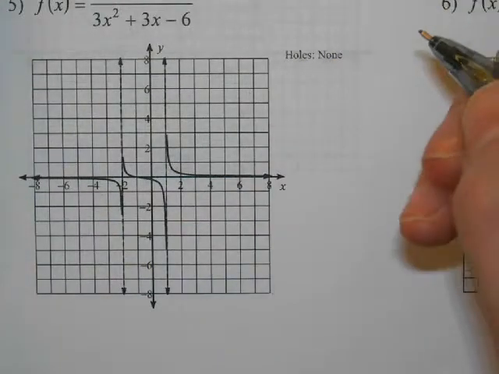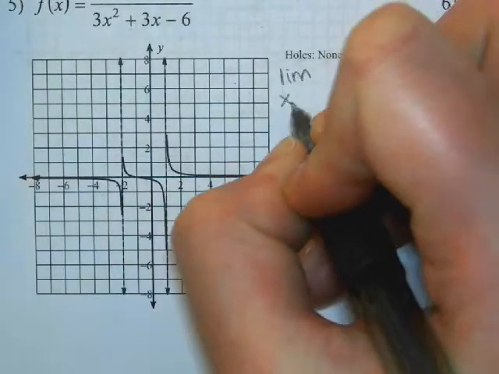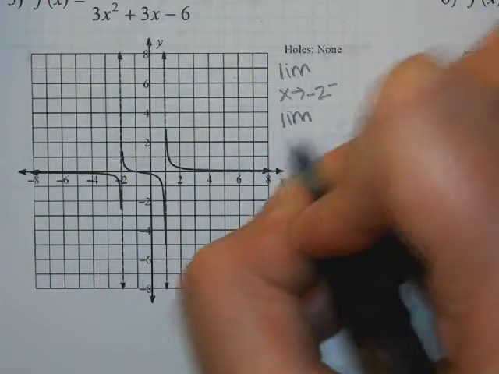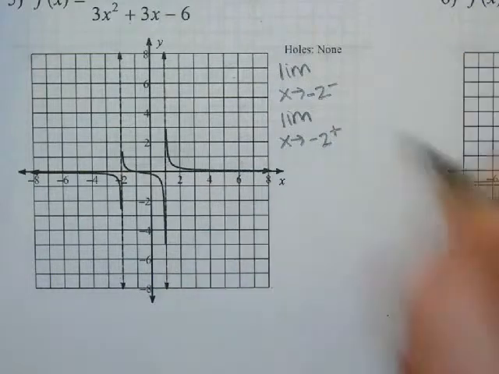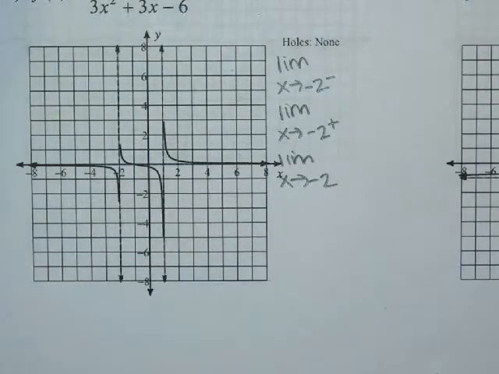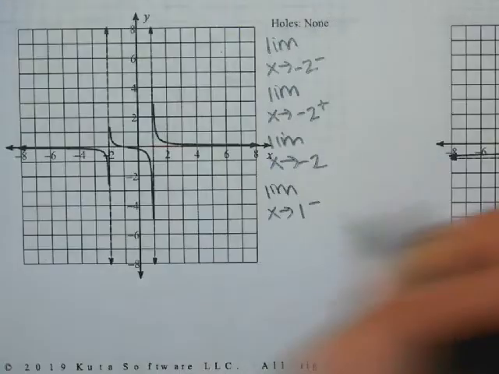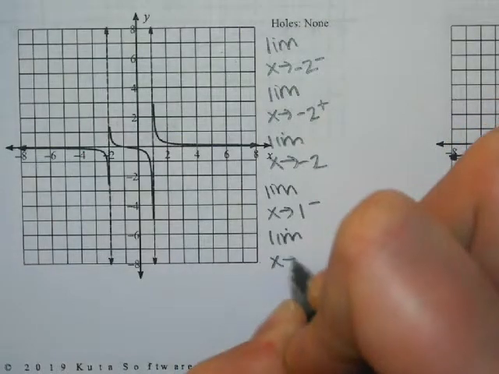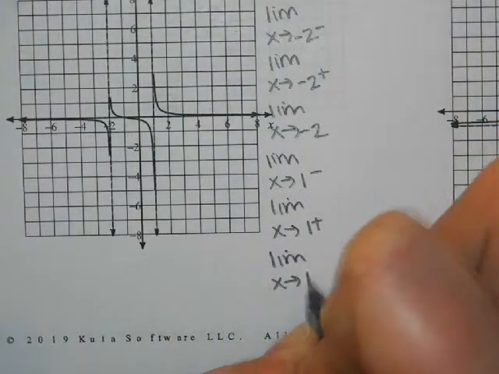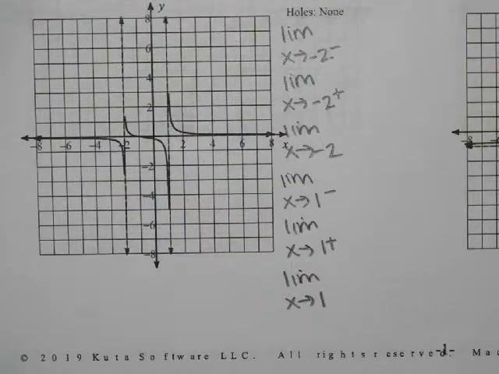So that means we have a lot of limits to write out because we got to do 3 for each of them. So we're going to say the limit as x approaches -2 from the left, the limit as x approaches -2 from the right, the limit as x approaches -2 overall, the limit as x approaches 1 from the left, the limit as x approaches 1 from the right, the limit as x approaches 1, and then also the end behavior.